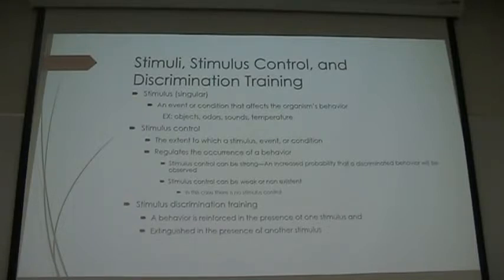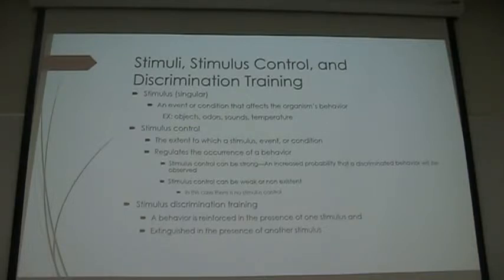When you walk into a darkened room, does that stimulus regulate your behavior of searching for a light switch or engaging in some other behavior to get illumination? If that happens, then that stimulus of a darkened room is exerting stimulus control over your behavior. It's regulating the occurrence of that behavior.